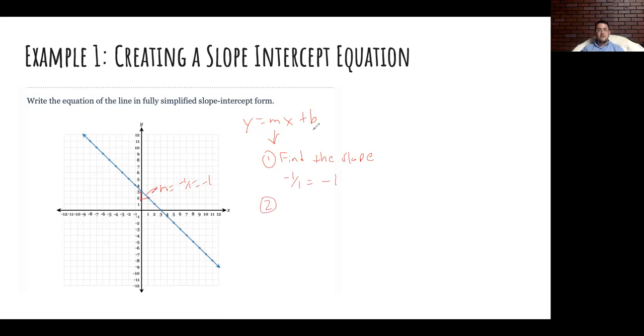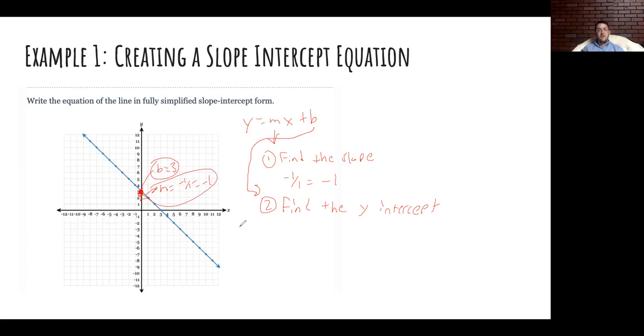And then 2, you want to be able to find the y-intercept. That's what your b stands for. And the y-intercept is just the y value. So our b is equal to 3, and our m is equal to negative 1.